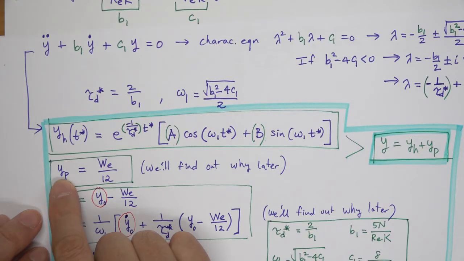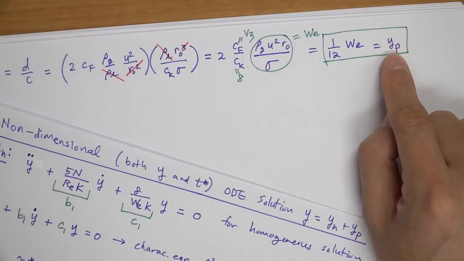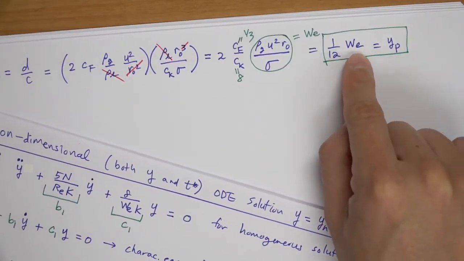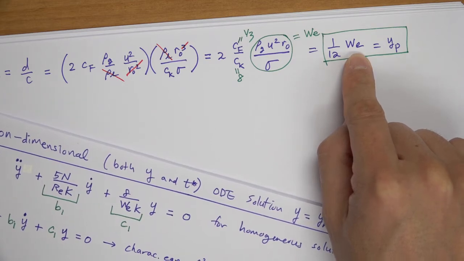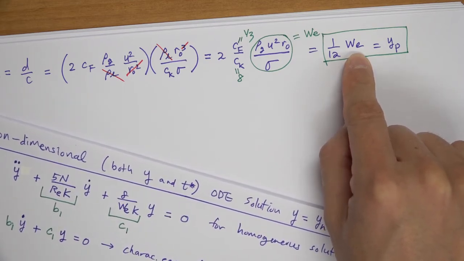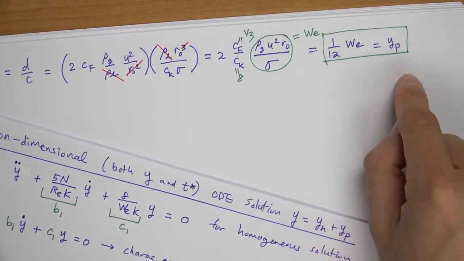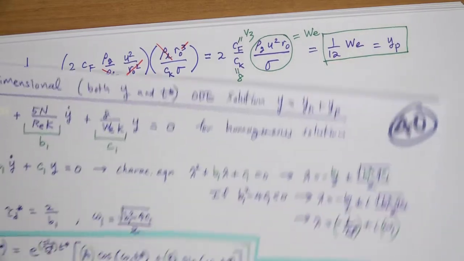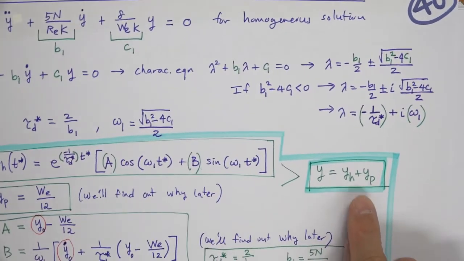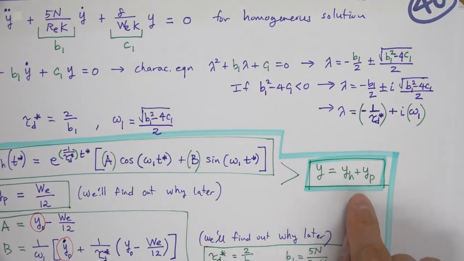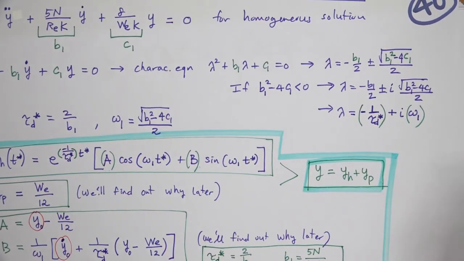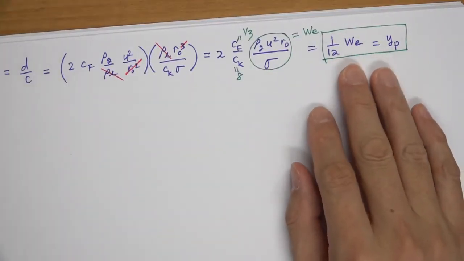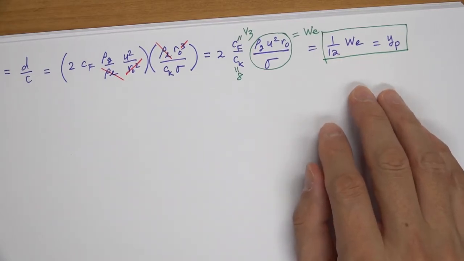So this particular solution can still be applied without any problem for this expression, where we are assuming both y and t are non-dimensional. Okay, so we are using this. That was the particular solution.